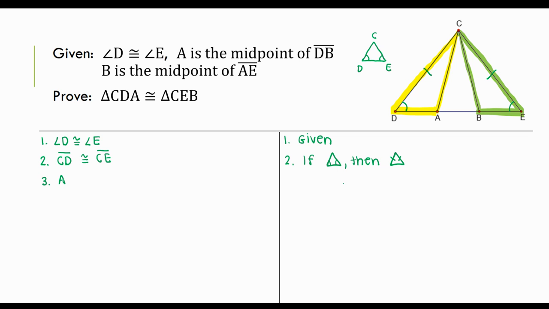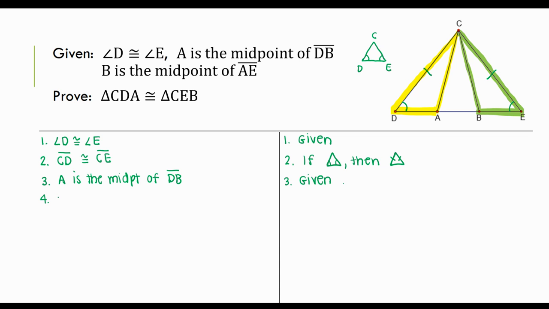All right, I'm going to move on to my next given. I am told that point A is the midpoint of the segment DB. So because I have a vocab word, I'm going to expand on that. If A is the midpoint of DB, I know that a midpoint divides a segment into two congruent segments.